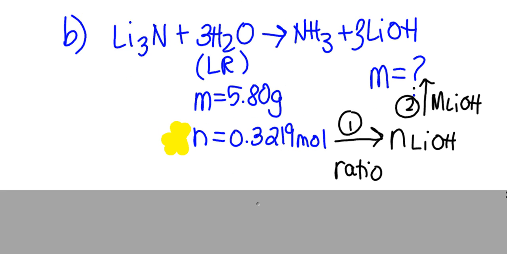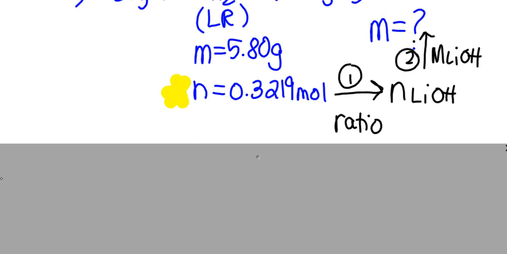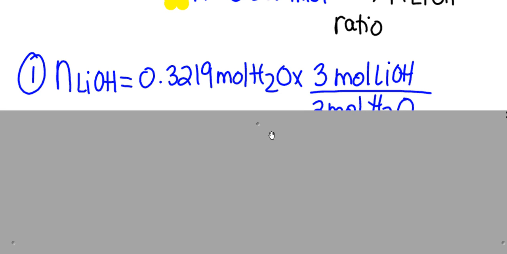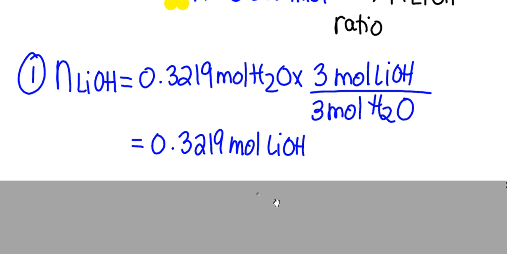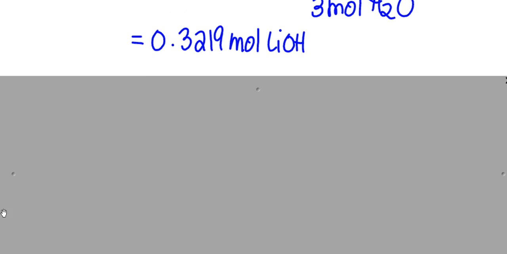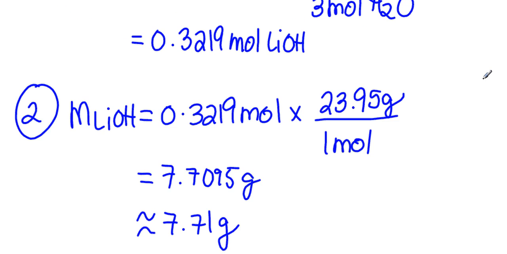And again, part B, the steps here are just the same 2 steps as you would see with your stoichiometry problems from our previous lesson. So our mole ratio here is 3 to 3, or 1 to 1, so you'll notice the number of moles don't change. And then when we convert that to a mass, this is the mass of lithium hydroxide, and round to 3 significant digits, you should have about 7.71.